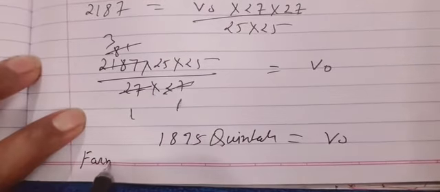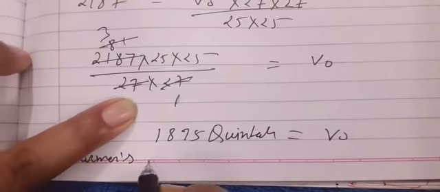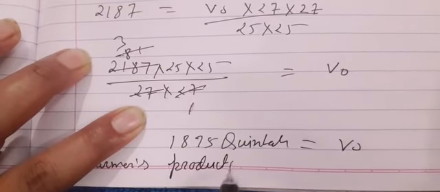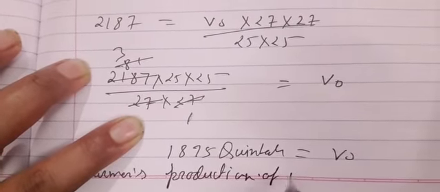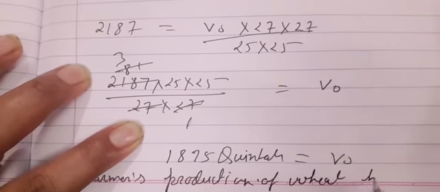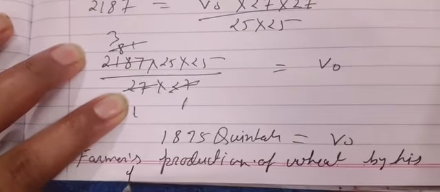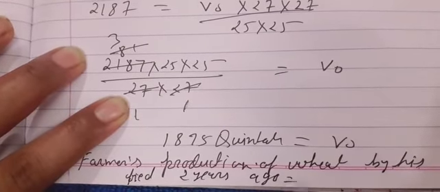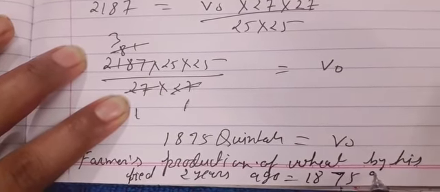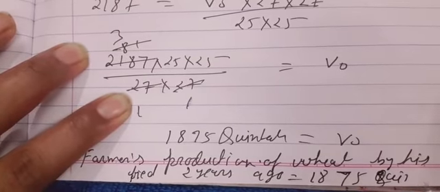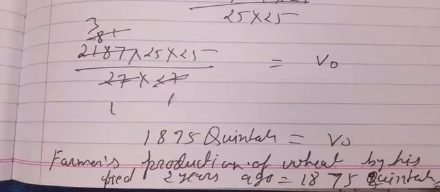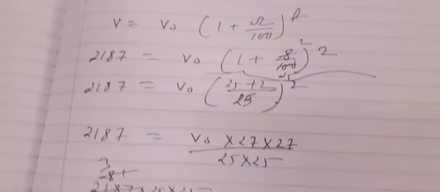So the farmer's production of wheat in his field 2 years ago will be 1875 quintals. That's all, children. Thank you.